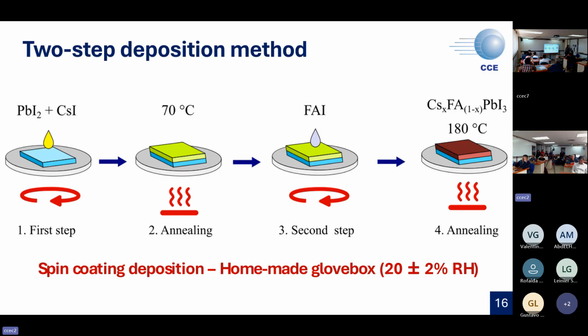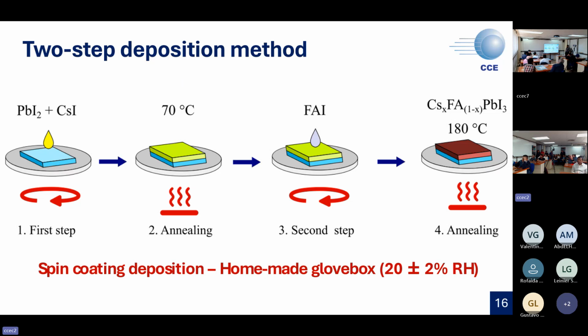In the first step, we deposit by spin coating, in a homemade glove box, a solution with lead iodide and cesium iodide. We perform a rapid annealing, and as a second step, we deposit by spin coating formamidinium iodide solution.